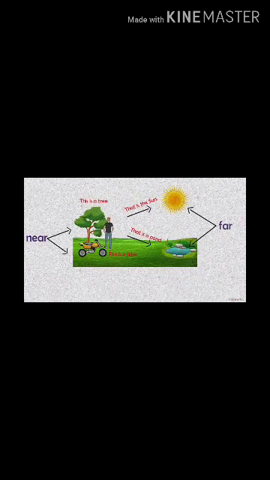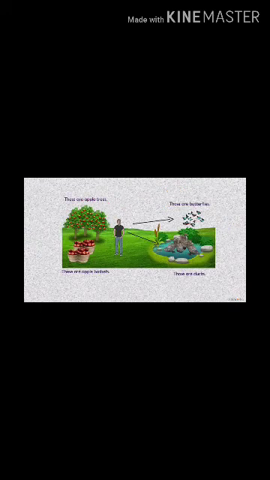Now for plural, here in this picture you will be able to understand, you will be more clear. The man is saying this is a tree, this is a bike. Why so? He has used this because that is near to him.